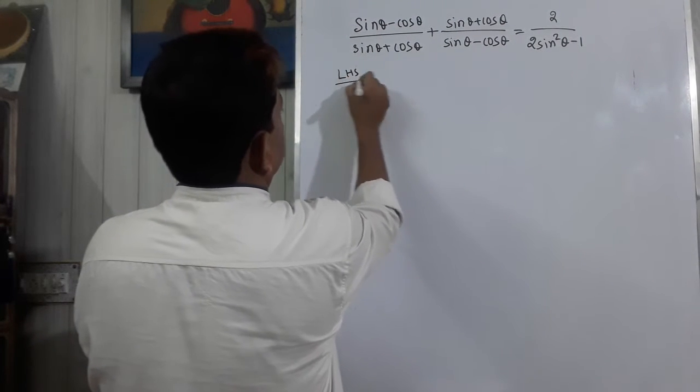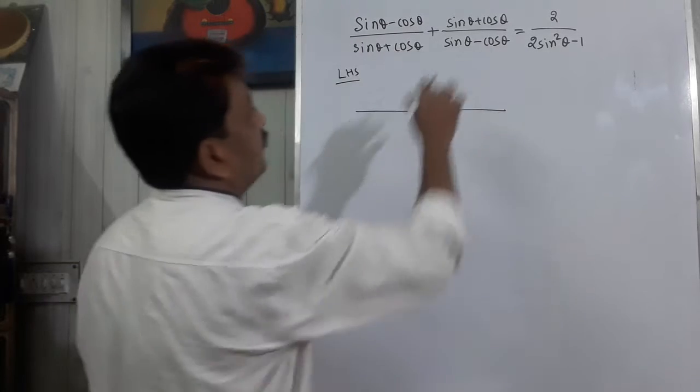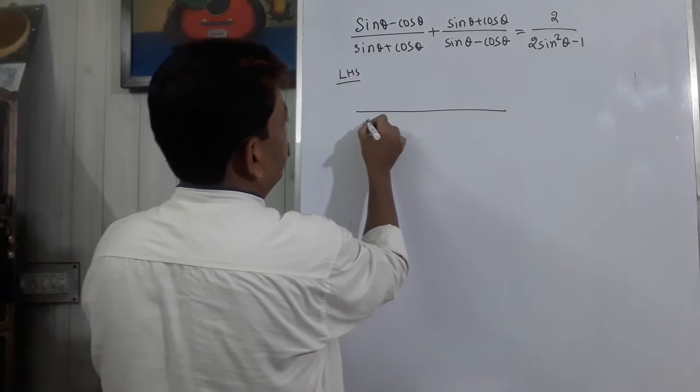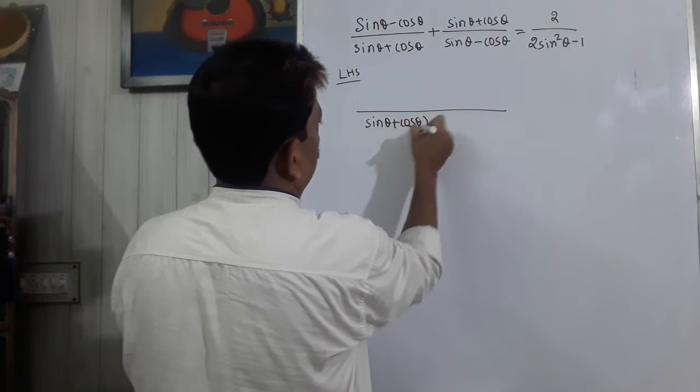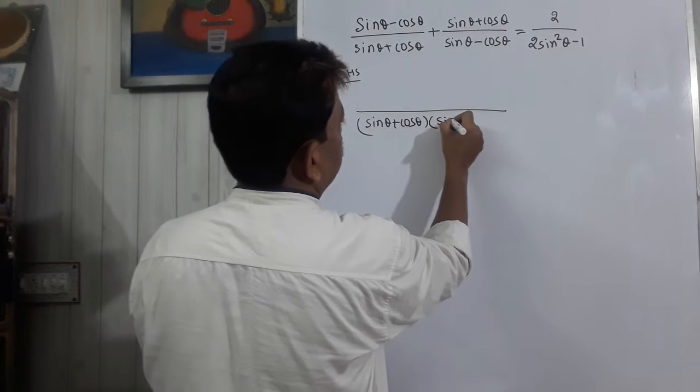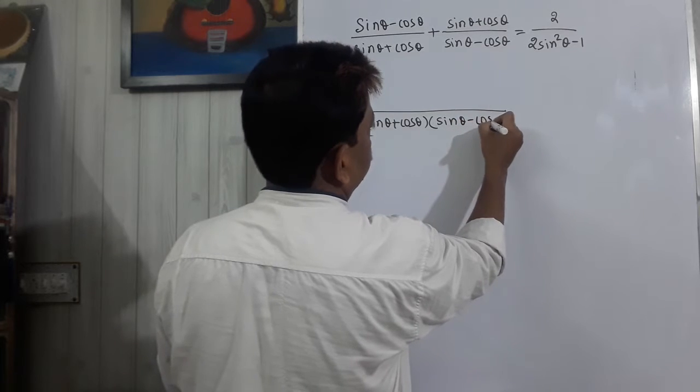Left hand side, by finding the LCM we will get sin theta plus cos theta multiplied with sin theta minus cos theta.